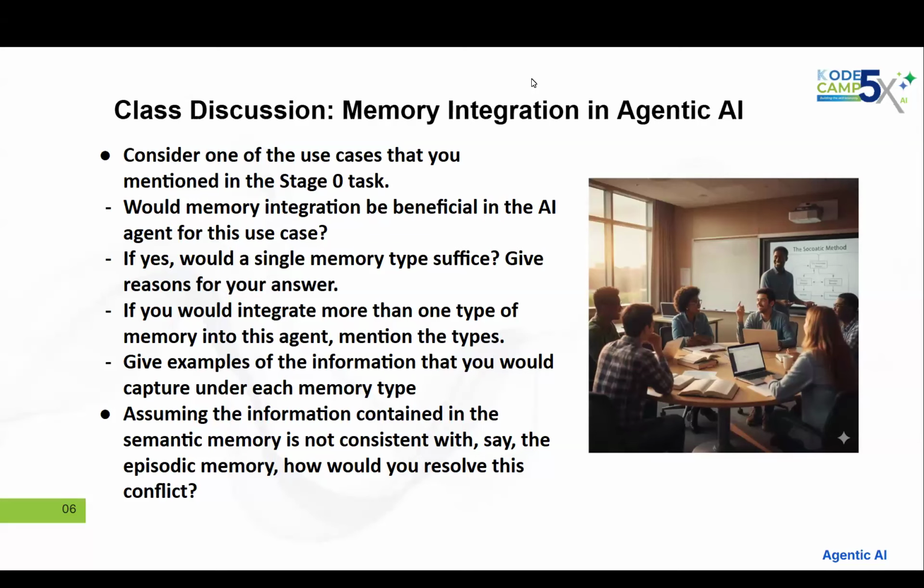So actually, I will use... Tell us the use case first. Okay. I will use the semantic memory, but you haven't told us the use case, so we can't follow exactly what you're saying.